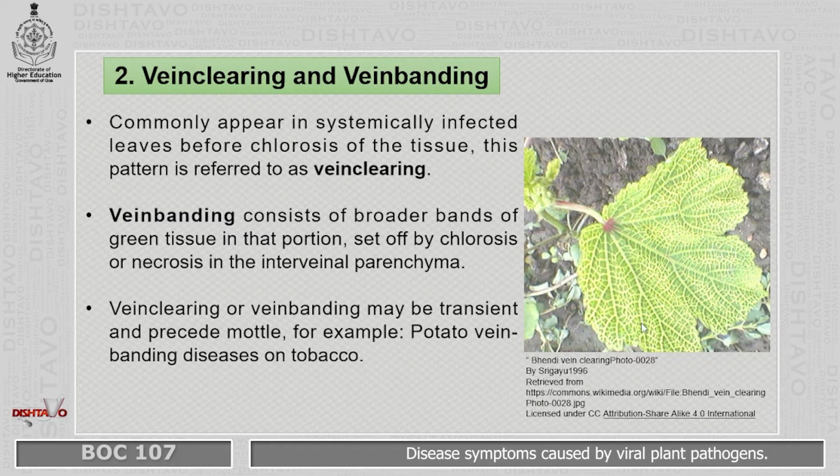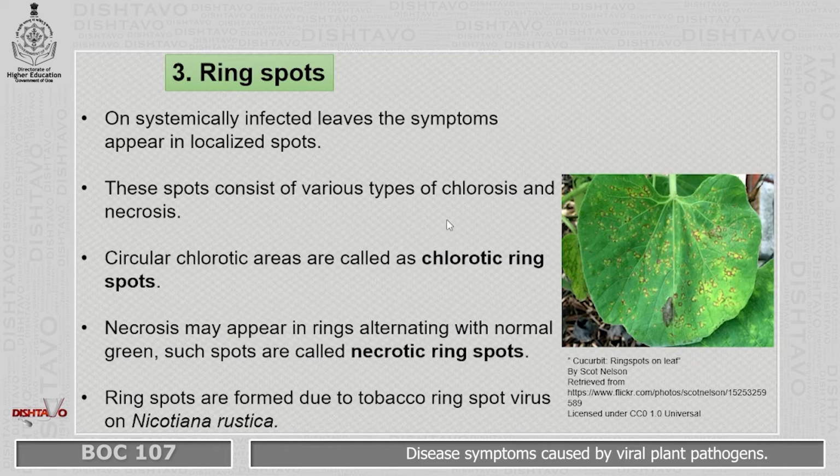The third symptom that is caused by viruses is ring spot. On systemically infected leaves, the symptoms appear in localized spots. Here again, if you look at these leaves, you can see small yellow spots which are lined with brown color. These spots consist of various types of chlorosis and necrosis.